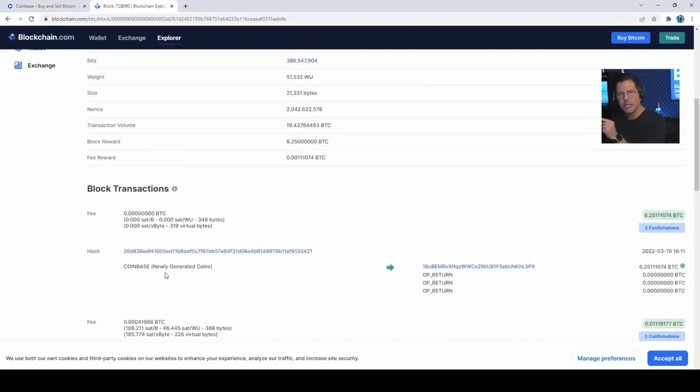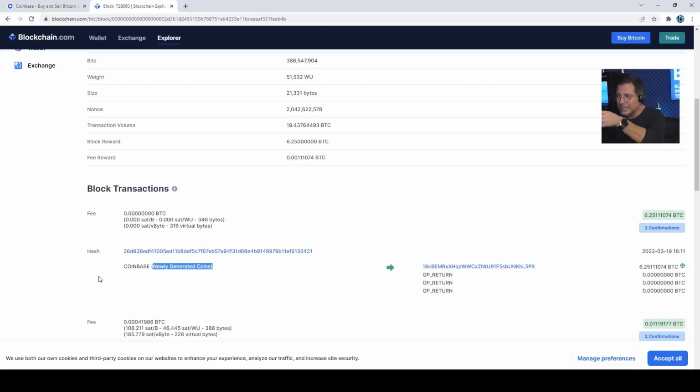a Coinbase transaction. Notice, the Coinbase transaction is newly generated coins, and those newly generated coins were 6.25 Bitcoins. But if you'll notice, there's not just 6.25 Bitcoins, there's 6.25111074 Bitcoins in this transaction that the miner wrote to themselves.